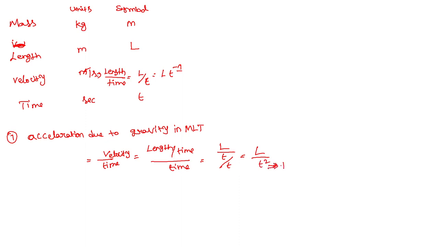Sometimes it can be represented with a capital T also, so it will be L T power minus 2. These are the necessary basics for solving the problem. Kindly note down.